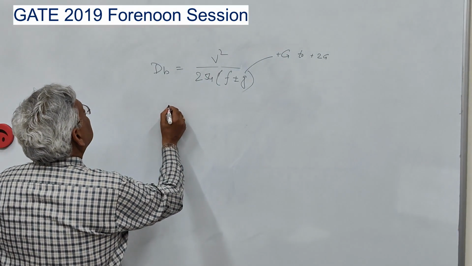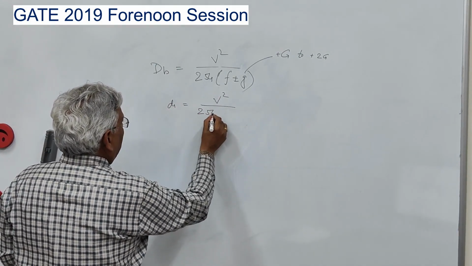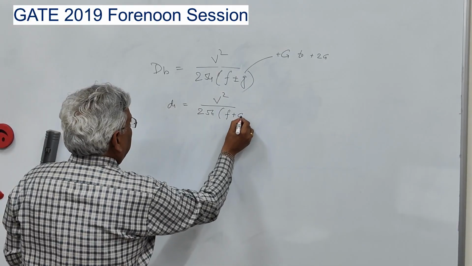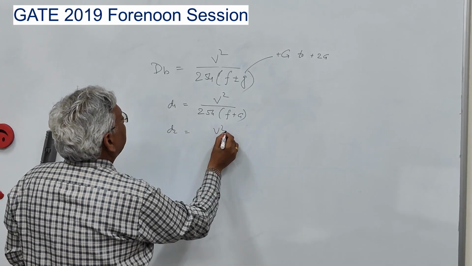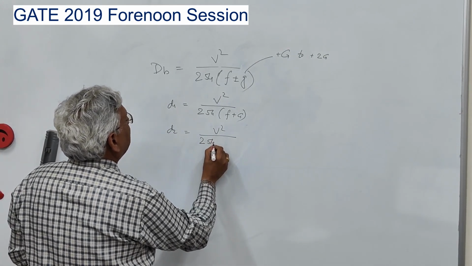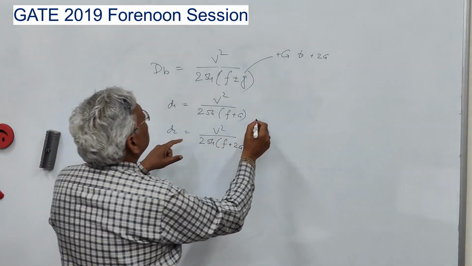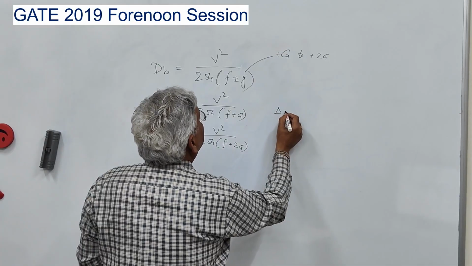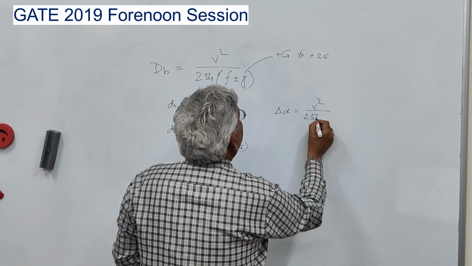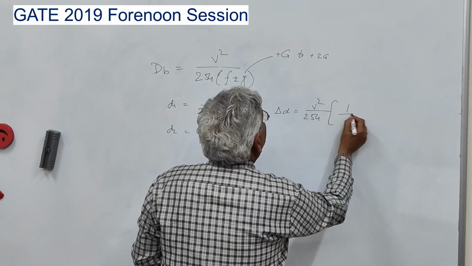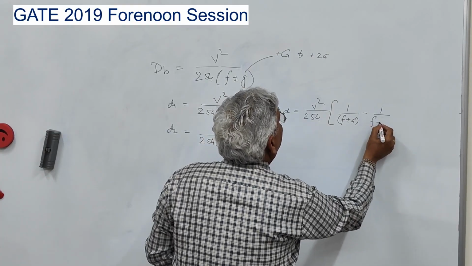So the first distance, let us say D1, is v square upon 254 (F plus G). And the second distance is D2, that is v square upon 254 (F plus 2G). The difference between these two will be delta D, let us say, and that is v square upon 254 into (1 upon F plus G minus 1 upon F plus 2G).